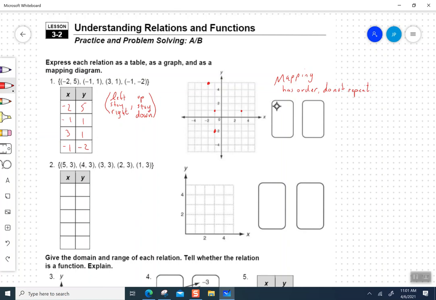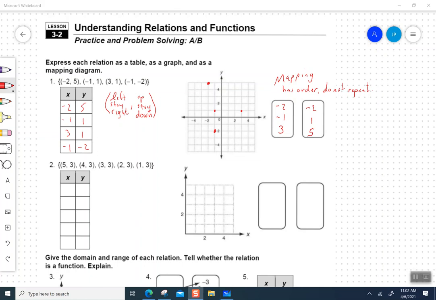The smallest one would be -2, -1, and then 3. Notice we didn't repeat the -1 twice. The next one is going to be on the y's. So we've got a -2. We got 2 positive ones and then a 5. So we're just going to list 1 and 5.